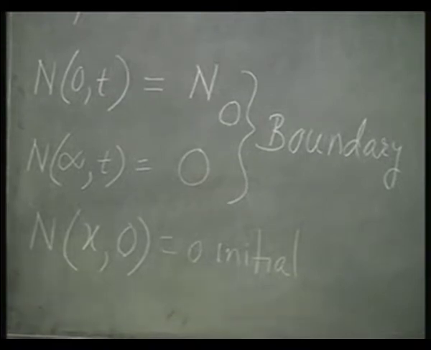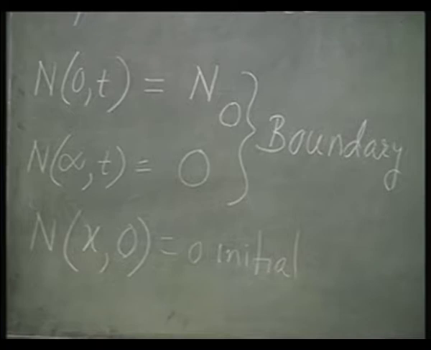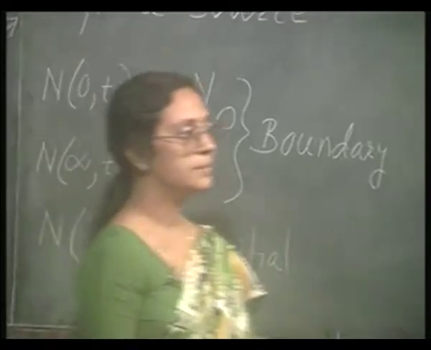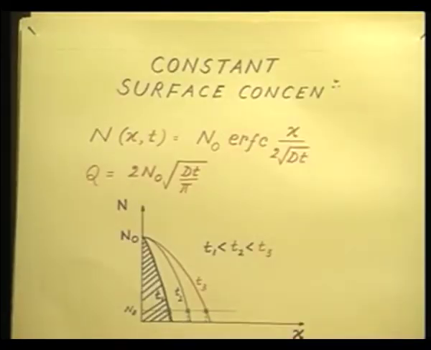If we solve the simple diffusion equation subject to these two boundary conditions and the initial condition, then we will see that the doping concentration in the crystal is given as shown on this card: n as a function of x and t is n0 times erfc of x by 2 root over Dt, D being the diffusion coefficient, small t being the time.